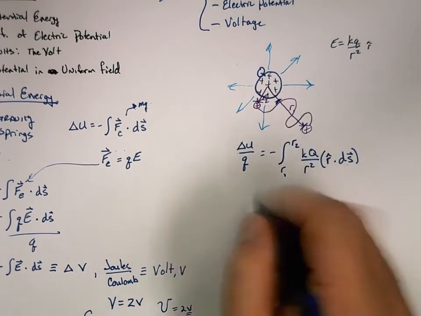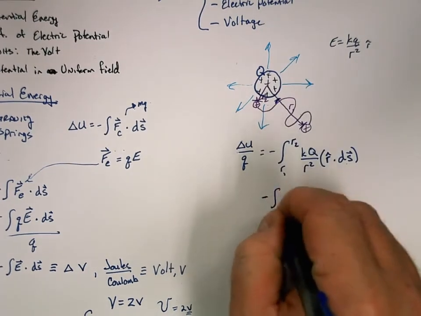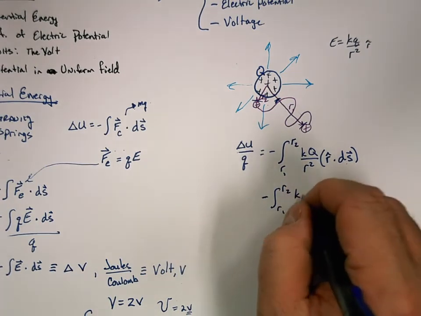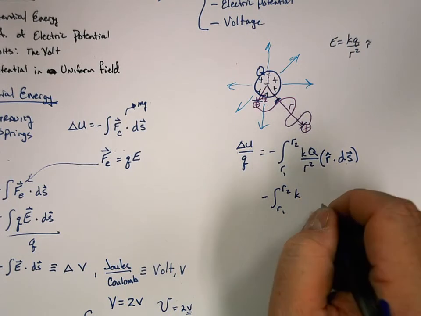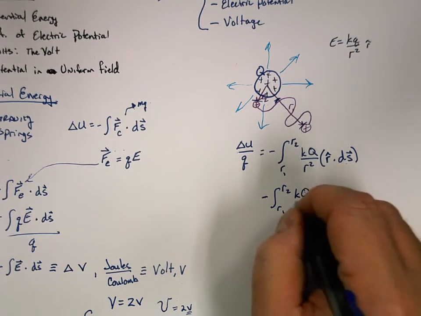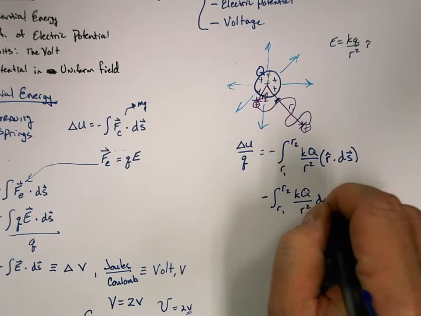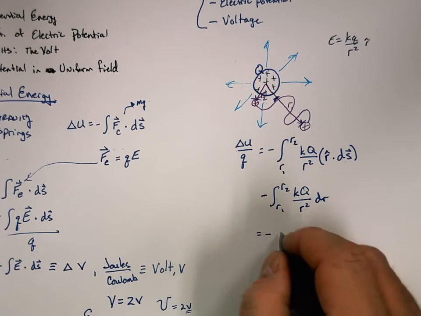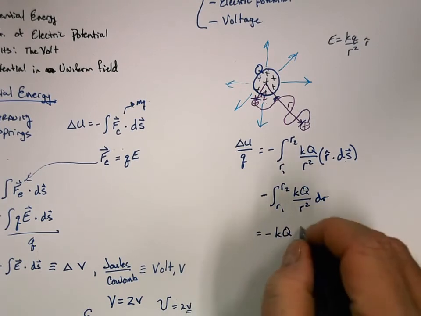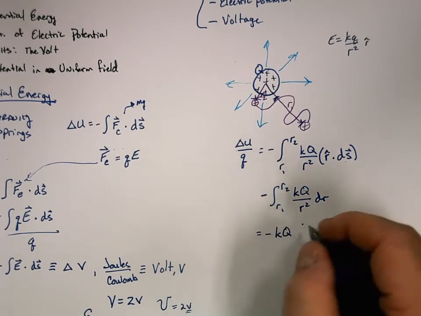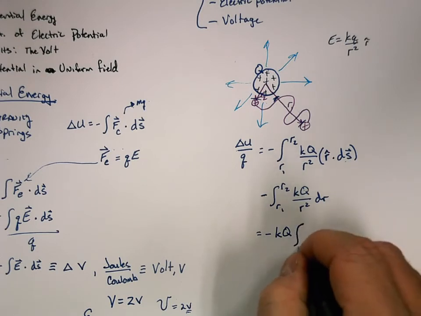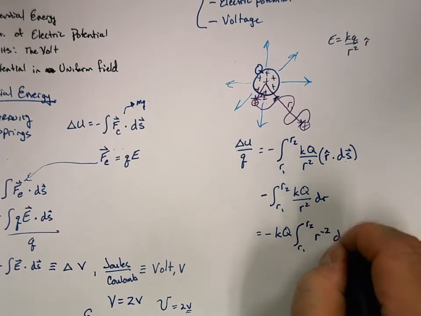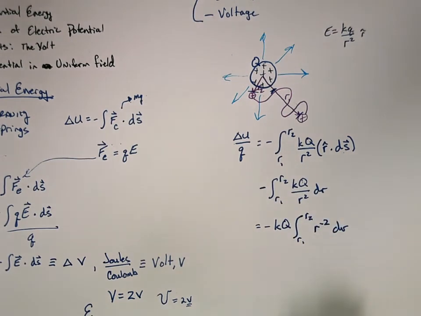So we're going to get KQ over R squared dr. Well, this is a constant, so we're going to get KQ, and then we're left with the integral of dr over r squared. And what does this become?